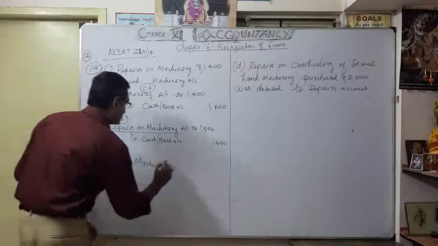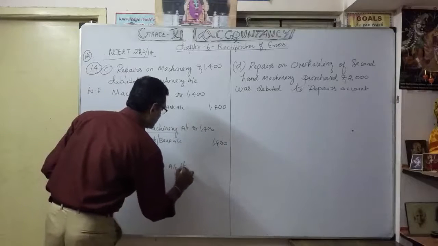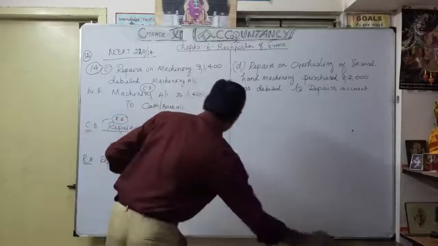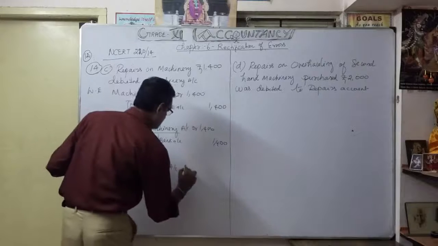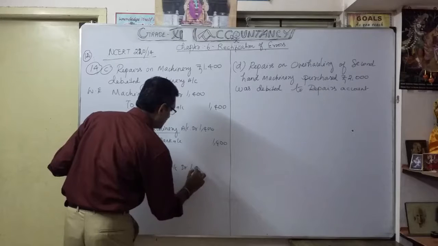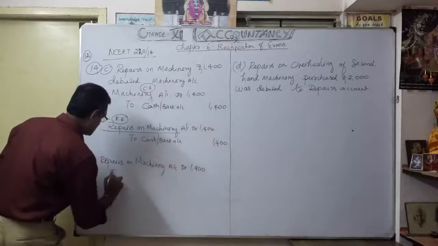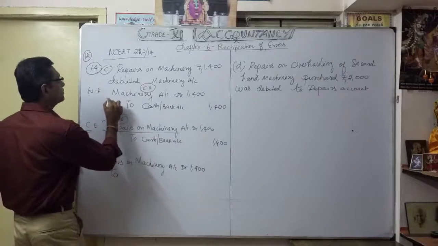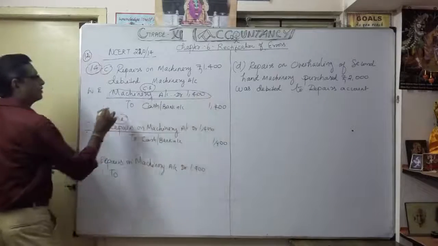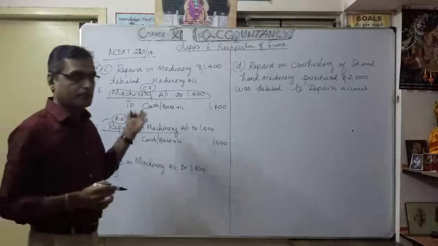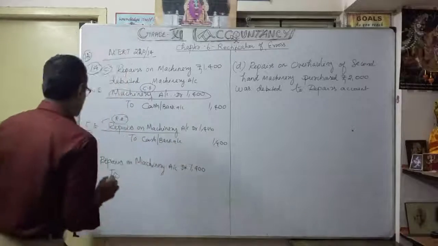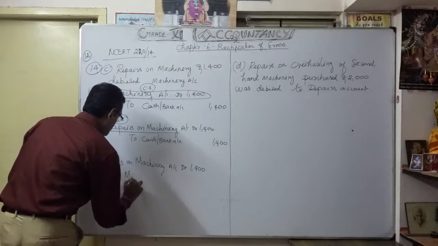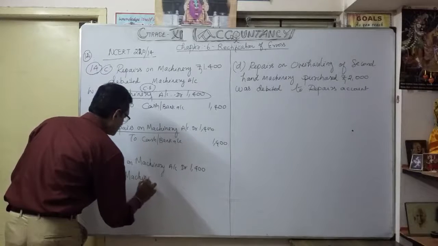So repairs on machinery account debit 1400 to, I'm going to remove this, because it was wrongly debited earlier. They treated it as capital expenditure. It's not capital expenditure, it is revenue expenditure. So that's going to be credited now to machinery account.